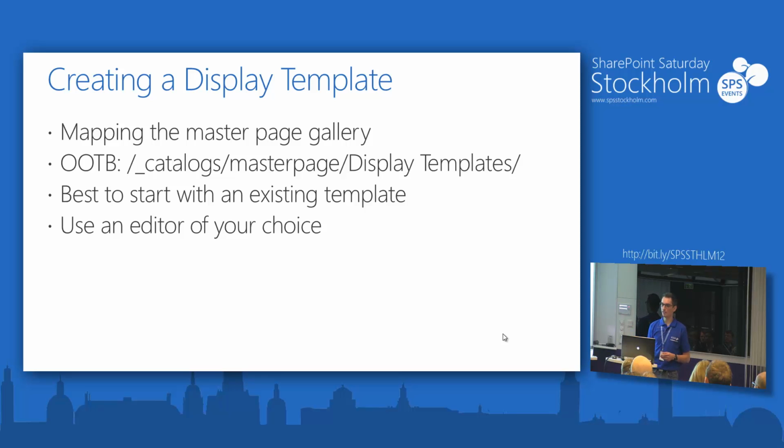The out-of-the-box location is under the master page gallery / display templates, and there you will find a couple of folders. We will see it in the demo, and these folders are groupings for your display templates.